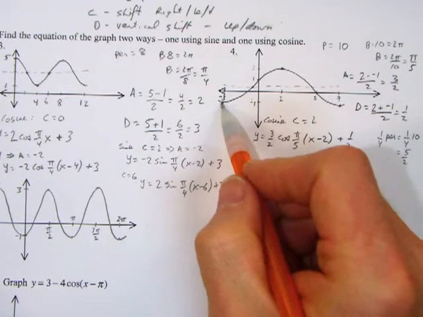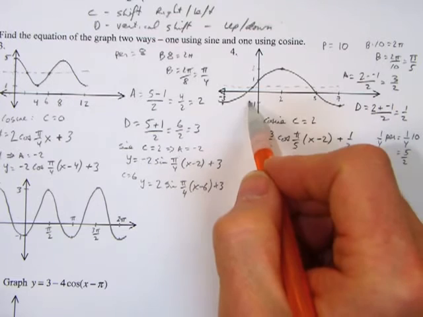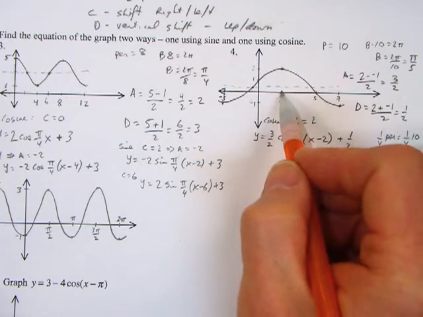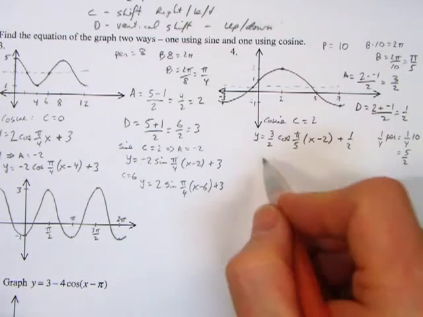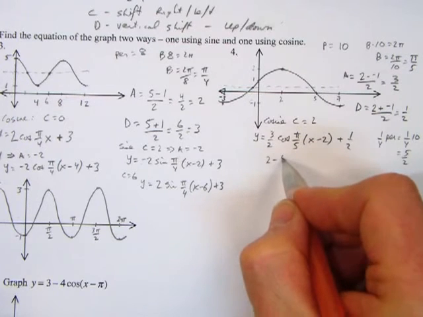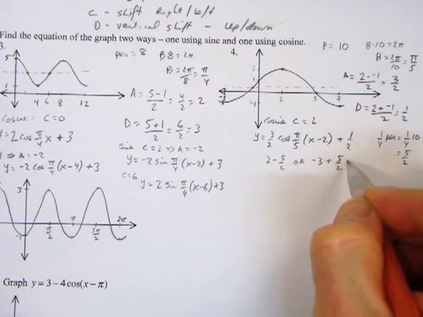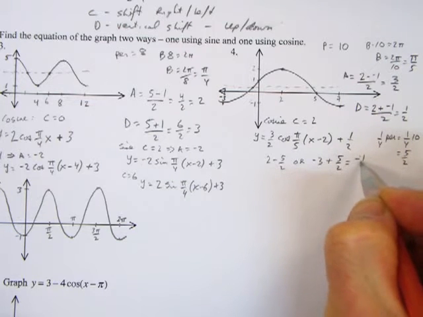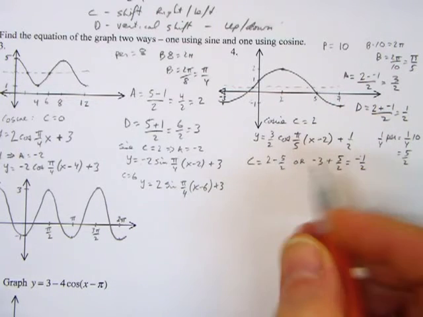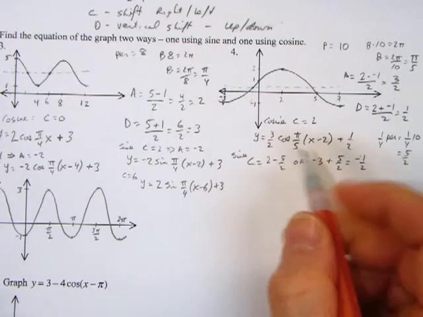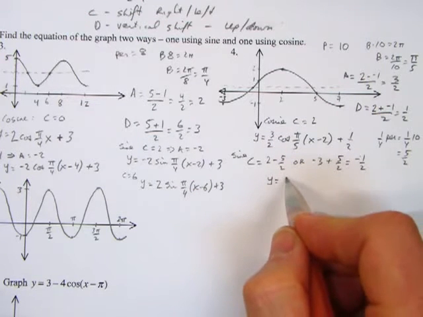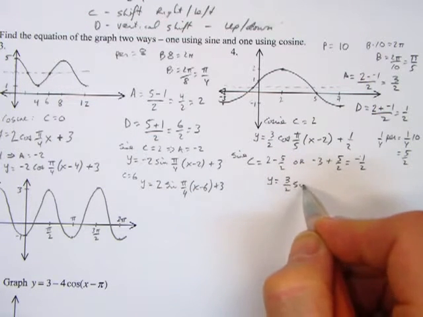So that means if I take negative 3 and say plus 5/2, that'll give me here, or I can say 2 minus 5/2. Either way, you get negative 1/2. And that's what C is for sine. So we have y equals, again, most of the stuff will be the same.